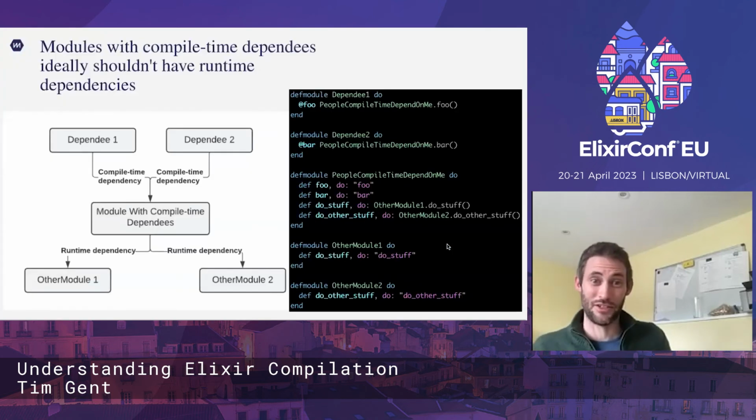This is where I recommend you start. If you have a module that has compile time dependees, that is, people depend on it at compile time, I would highly recommend that you make sure that module doesn't have any other runtime dependencies. So this is bad. We've got this module that people compile time depend on, two people have compile time dependencies on it, and it also has runtime dependencies on other files.